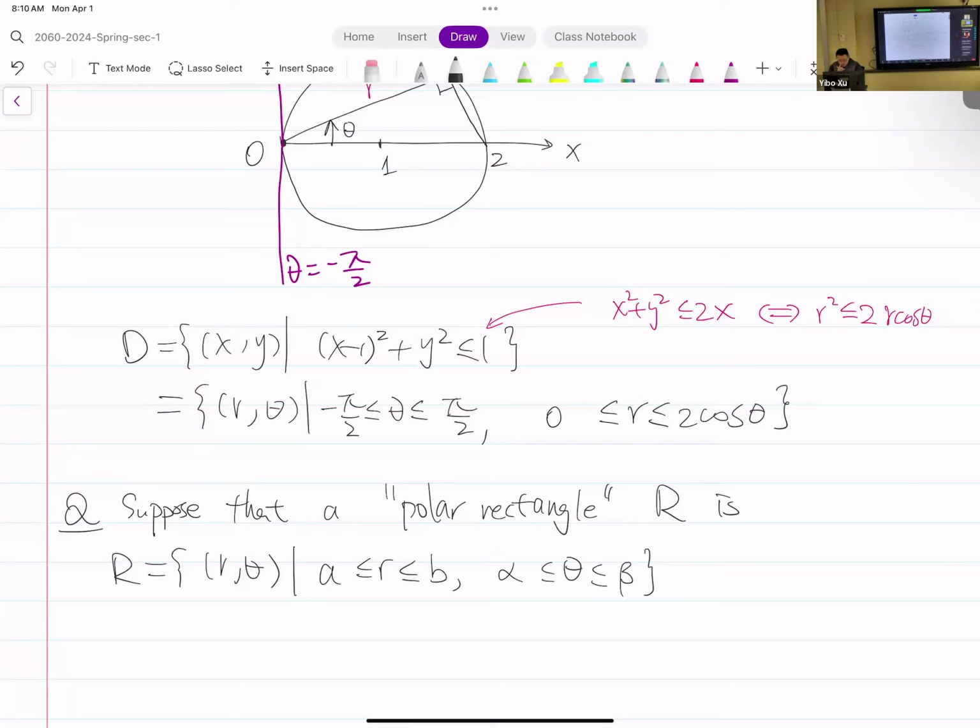Okay, so these are fixed constant bounds. So that's a polar rectangle.